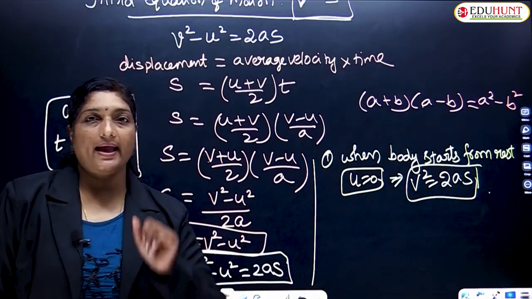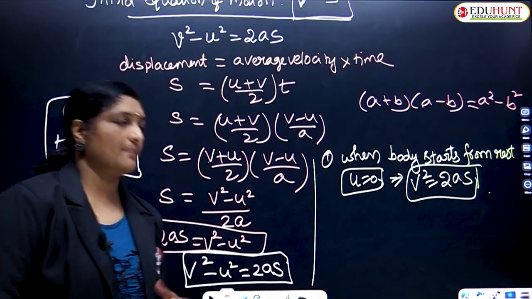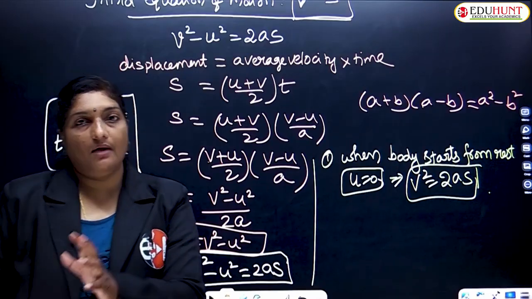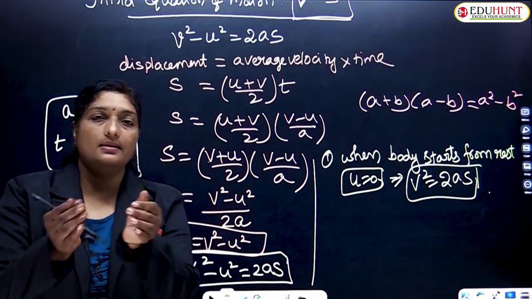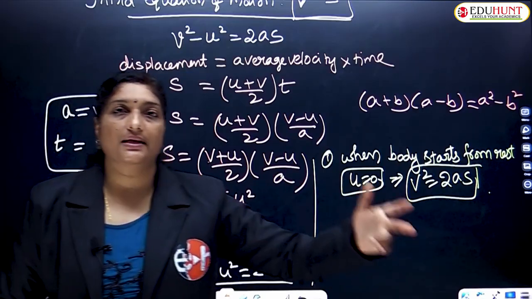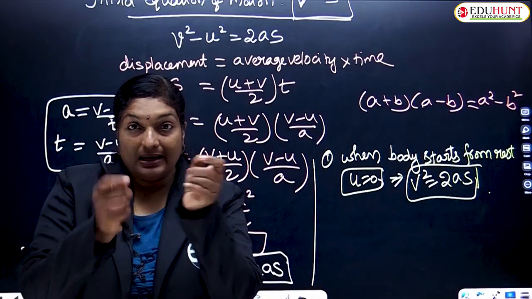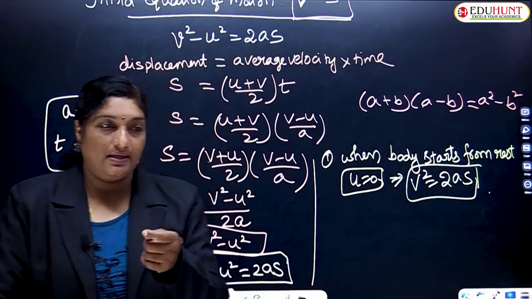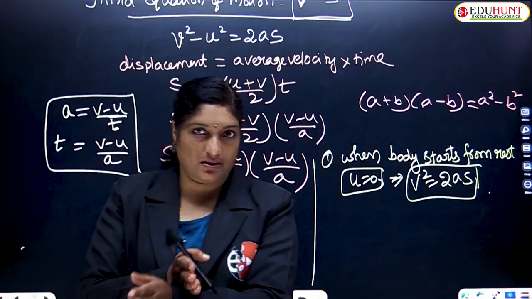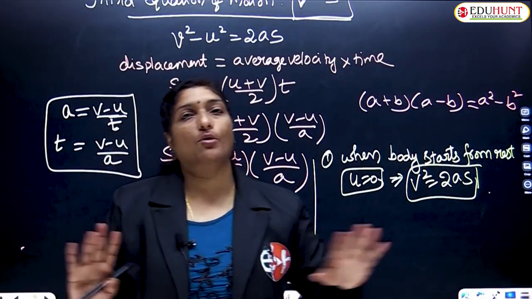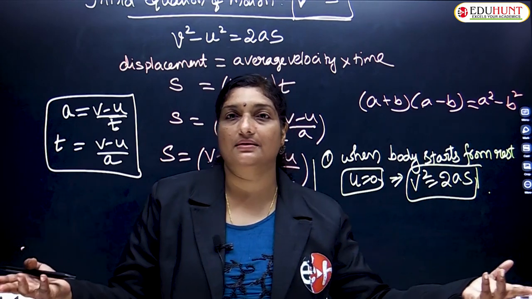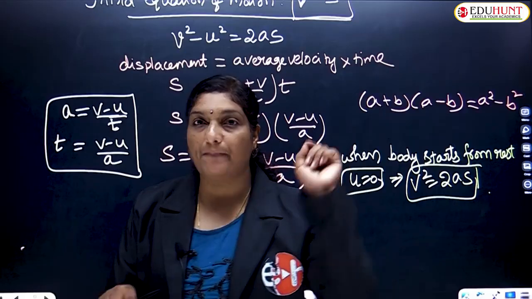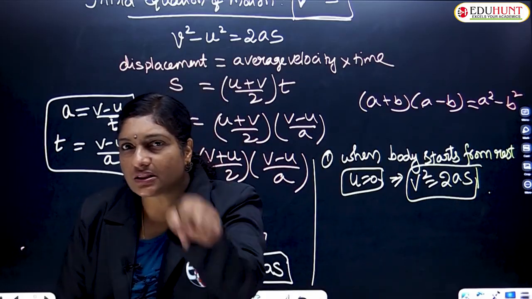Okay. Moving ahead, one more interesting topic. A body may cover some particular distance in some time, and another distance in some other time. For example, in 2 seconds the body has covered 3 meters and in 5 seconds the body has covered 7 meters. Then how much distance is covered in that particular 3rd or 4th second?